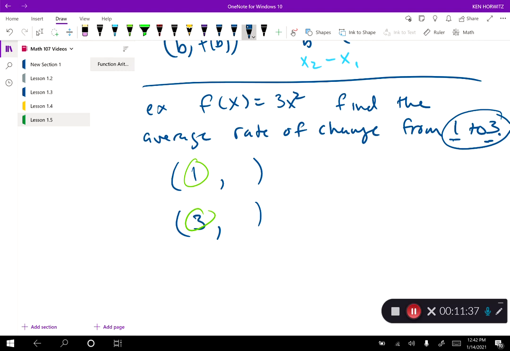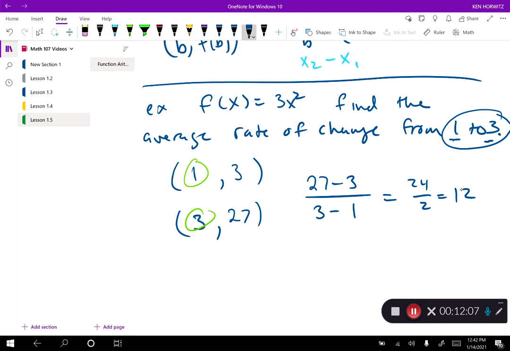Okay, hopefully you ran these through the function. I got a y value of 3 here, and I got a y value of 27. Now, if we're looking for average rate of change, basically it's saying find the slope. So I can do y2 minus y1 over x2 minus x1, which means 24 over 2, which equals 12.